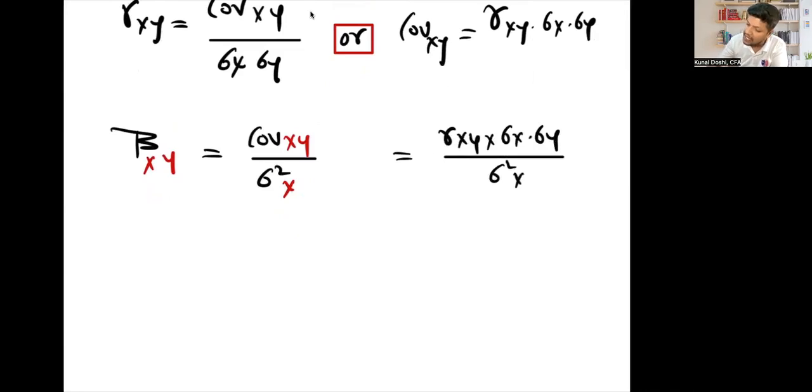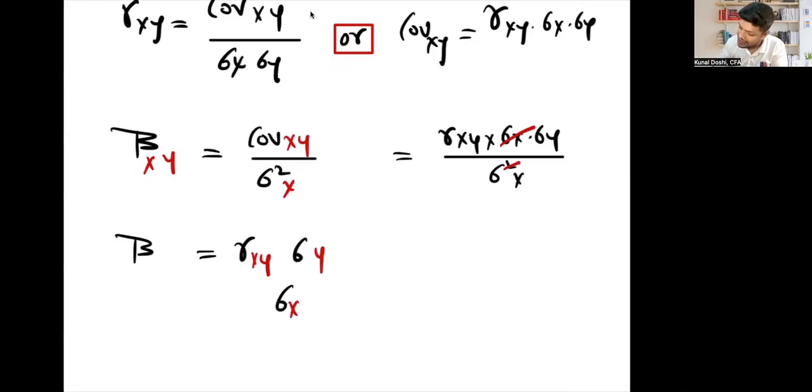If I do this, I have an X on the top and a square on the bottom. If I cancel this, what will be my formula of beta? I will have correlation XY into standard deviation of Y over the standard deviation of X, which still remains in the bottom.